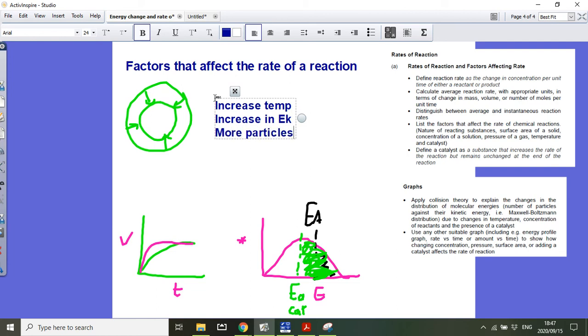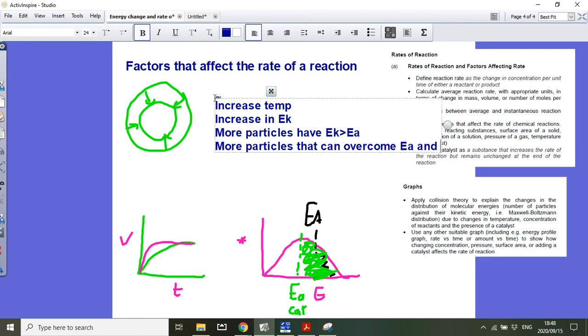More particles have EK higher than activation energy. If there are more particles with higher energy, they move faster anyway. So there's going to be more particles that can overcome the activation energy and also more collisions.